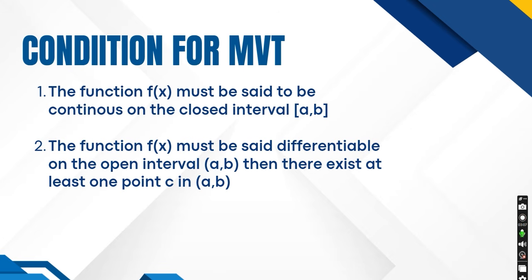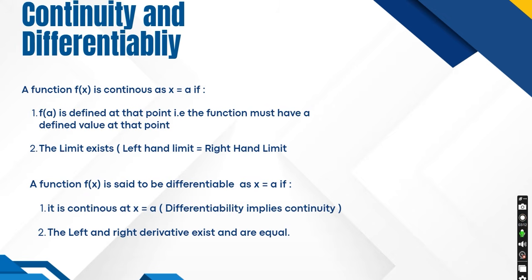I'm going to explain more on this and break this down. So let us check out what we mean by continuity and differentiability. We're not going to dive deep into that. I'm just going to stay at the surface. When we're talking about continuity, a function f of x is continuous at x equals a if f of x is defined at that point, that is at the point a, which could be anything, it could be a negative integer, it could be a positive real number.